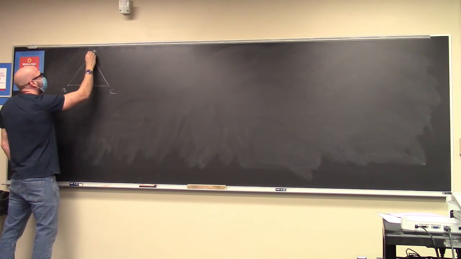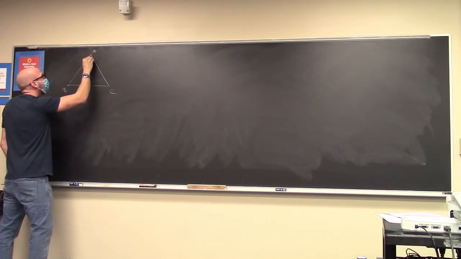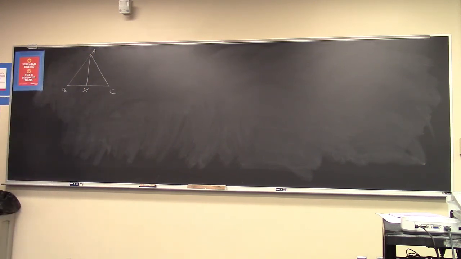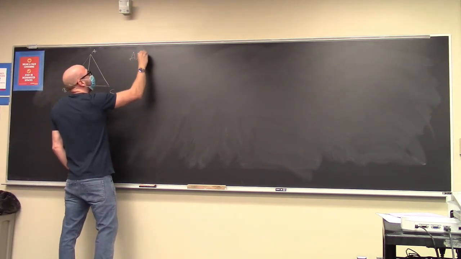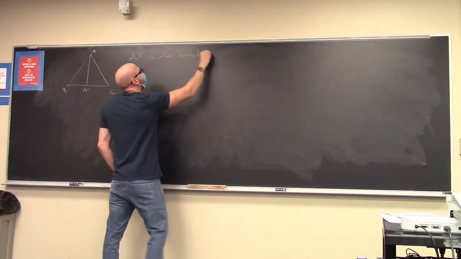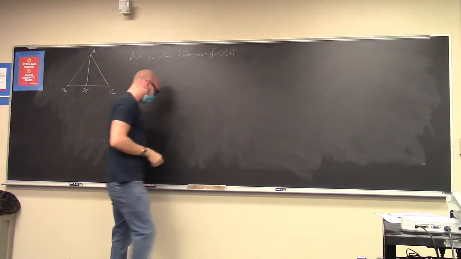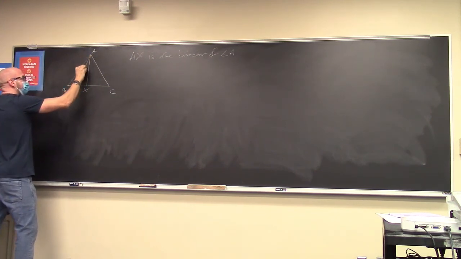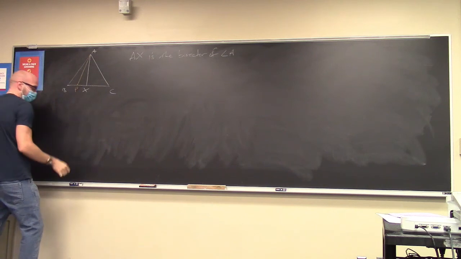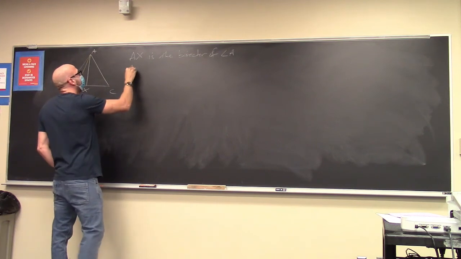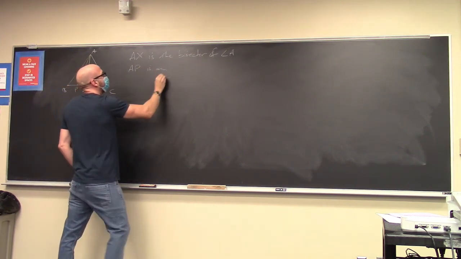Let's pretend AX looks also like a median because my triangle looks very equilateral, but AX is the bisector of angle A. And AP is any Cevian. Here I've drawn an interior one. So AP is any Cevian.